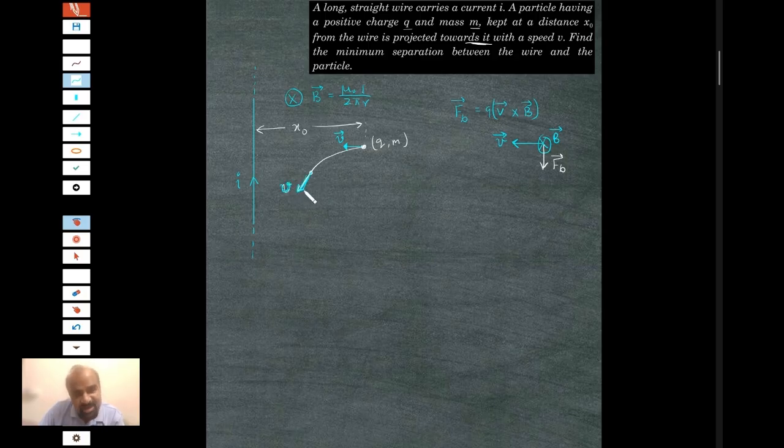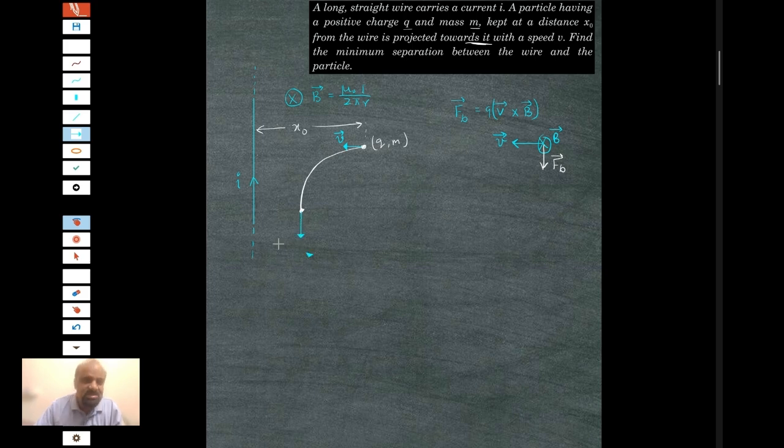Now you have to find the minimum separation. Right now, the velocity is in this direction, which automatically means it's going to move closer to the wire. But we have to find the minimum separation. So when it is at the minimum separation, the velocity of this body must be somewhere like this.